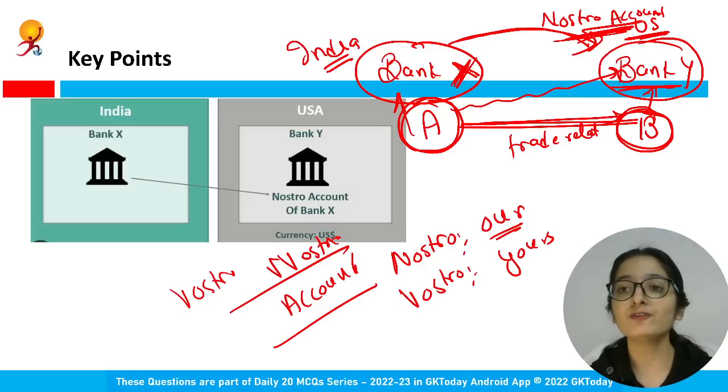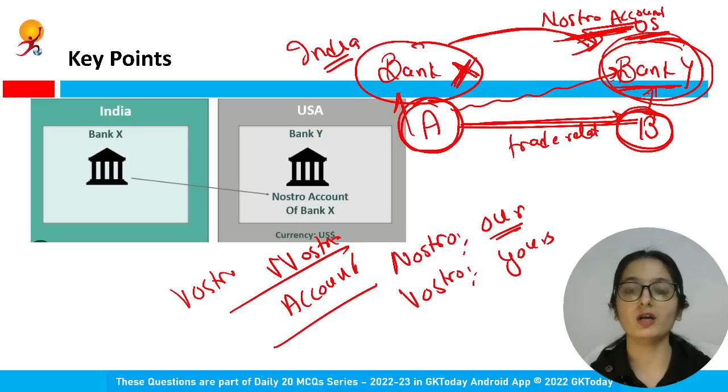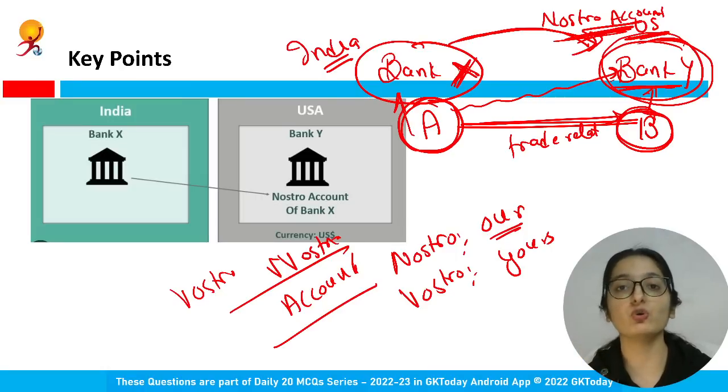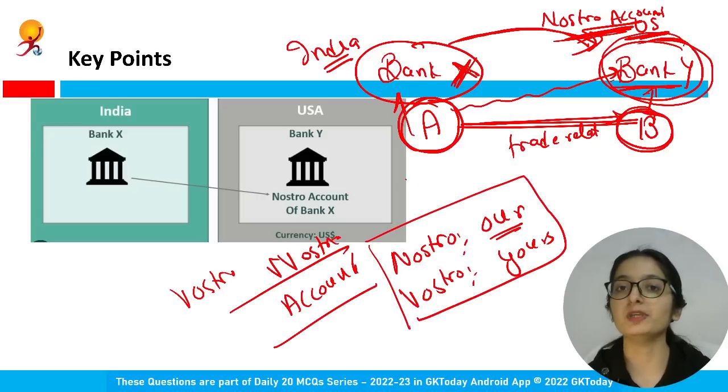But from the perspective of the US, from the perspective of bank Y, it is your account. That is why it is known as vostro account. Are you getting my point? This is only nostro and vostro. The key term to take away is nostro means our and vostro means yours.